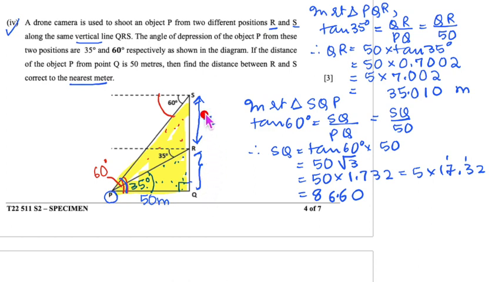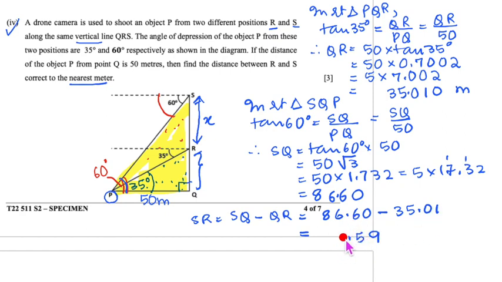Now we are interested in SR. So we will say SR will be equal to SQ minus QR. How much is SQ? 86.60 minus QR, which is 35.01. So we will get 59 here and 51 here. Okay, so 51.59 meters. Now they are saying correct to the nearest meter.